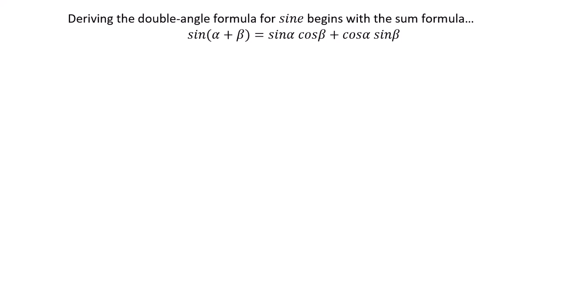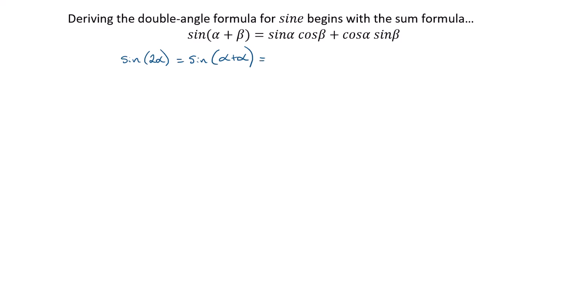Now, deriving the double angle formula for sine begins with the sum formula, sine of alpha plus beta, shown here. But I know that I can state that sine of 2 alpha is equal to the sine of alpha plus alpha.